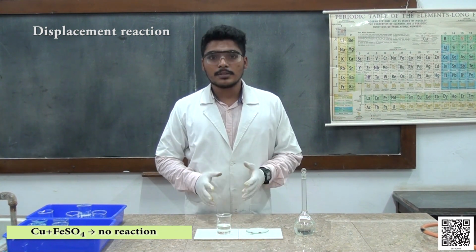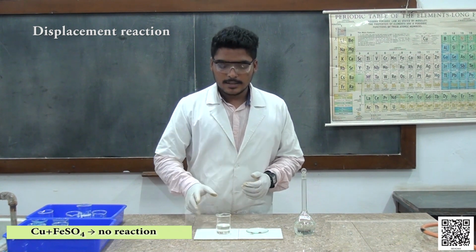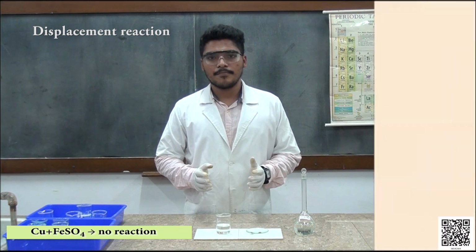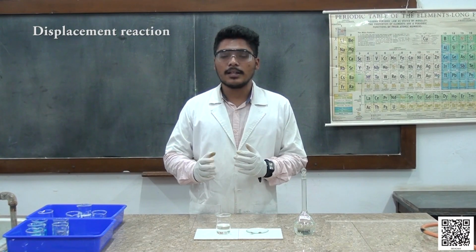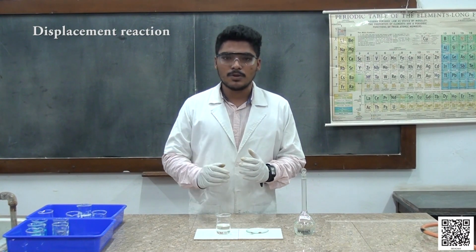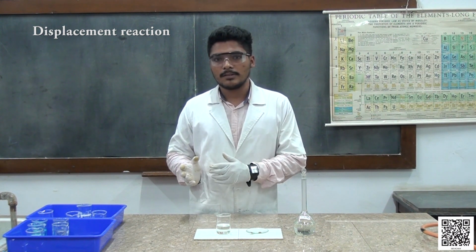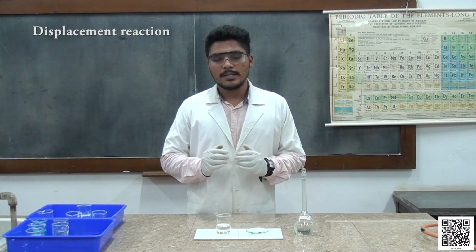So which confirms that the iron sulfate solution is not reacting with copper turnings. The metal which is more reactive than the other metal present in the same solution will displace the less reactive metal, and all these sets of reactions are called displacement reactions.